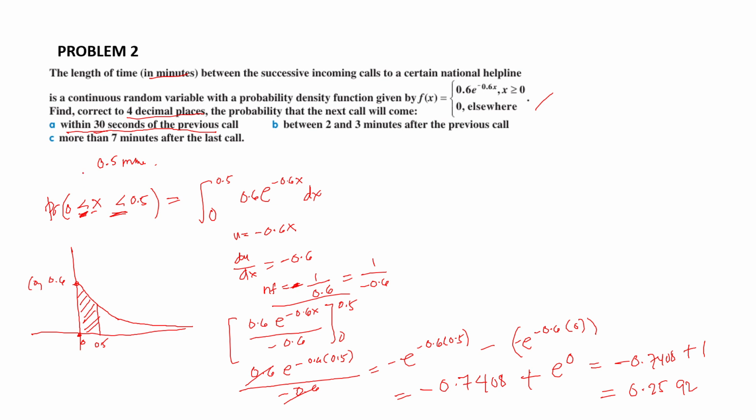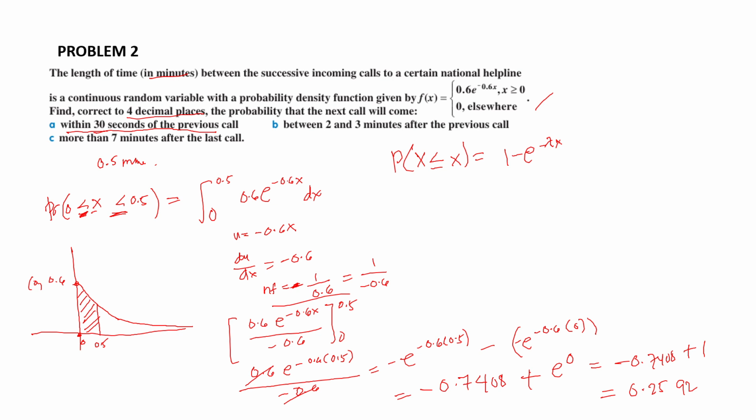But for the cumulative function of the exponential distribution, we have to take note of this one. We could solve that using P(X < x) is equal to 1 minus e raised to negative lambda x.